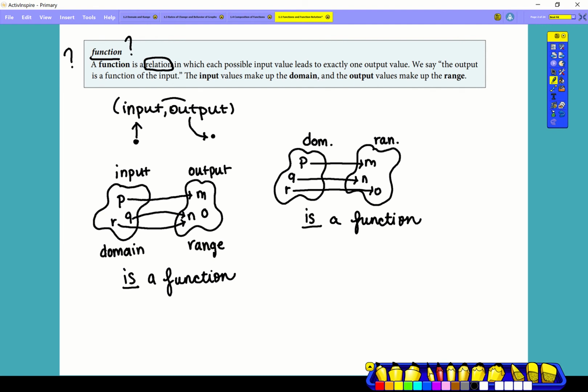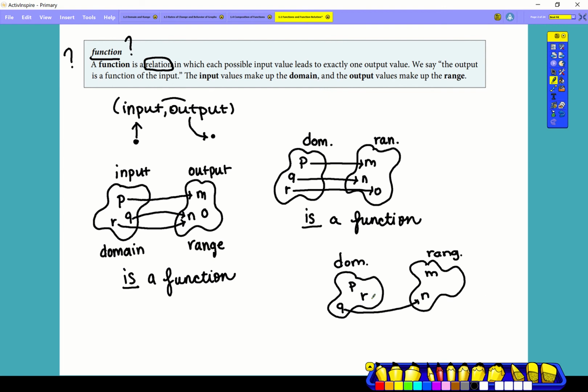Now let me illustrate what's not a function. I've got this blob, and here's another blob. Once again, this is our domain, this is our range. Let's say we have P, Q, and R, and M and N. Q is going to go to N. P is not going to go to anything, right?